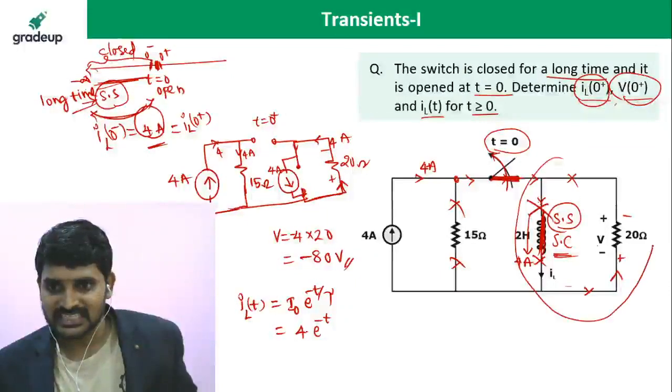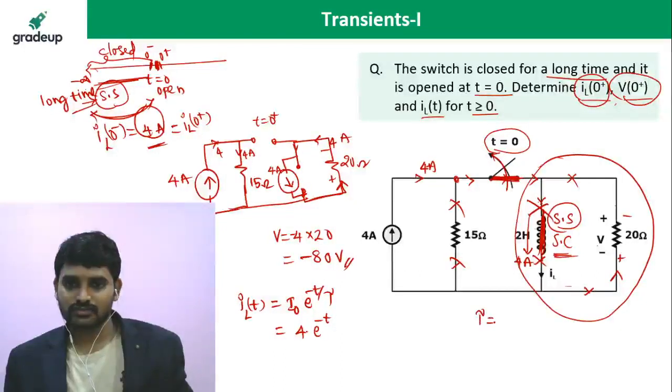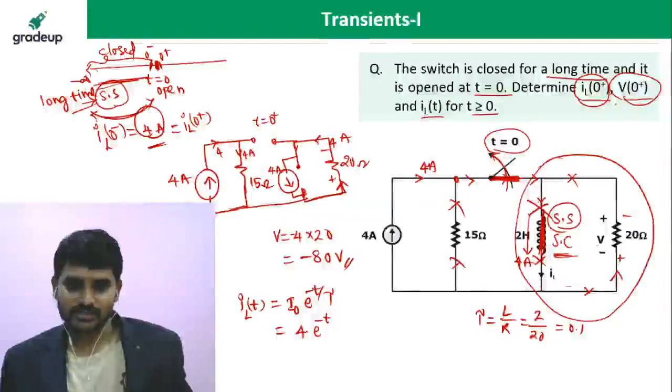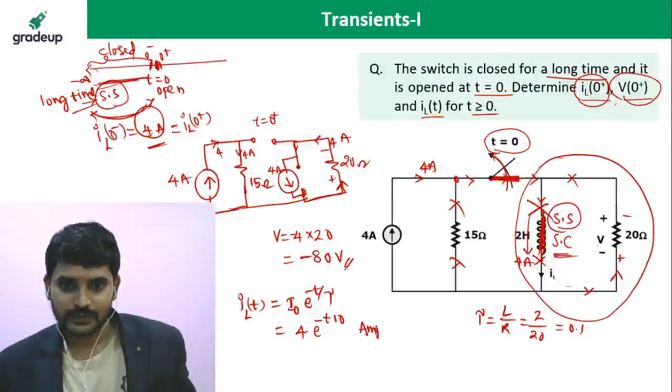So the inductor is releasing the energy through 20 ohms. Alright, so tau is equal to L by R. L is 2, R is 20. How much will you get? 1 by 10, 0.1 seconds. So tau is 0.1, and you can write it as 4 e power minus 10t amperes.